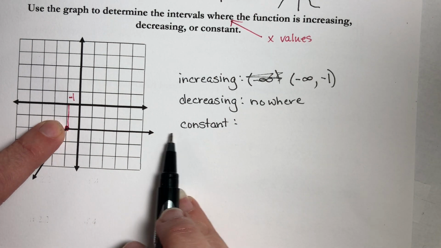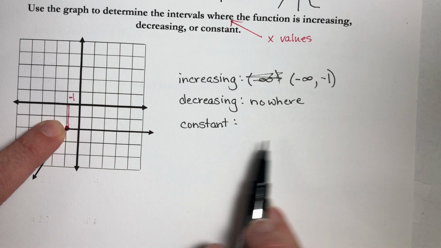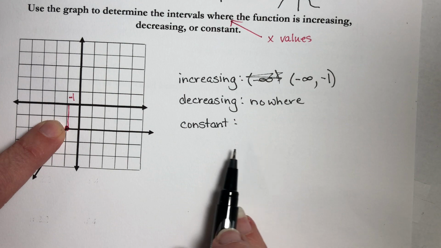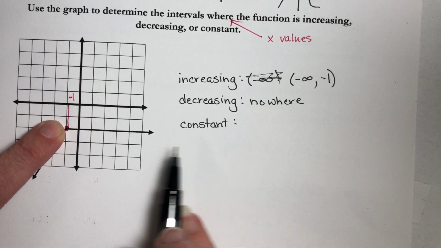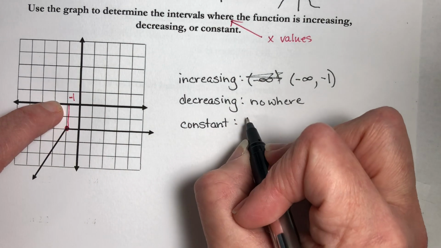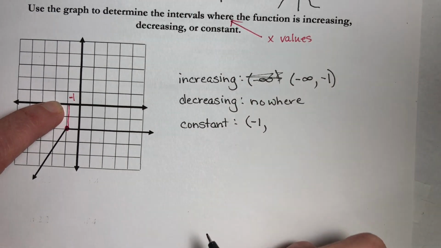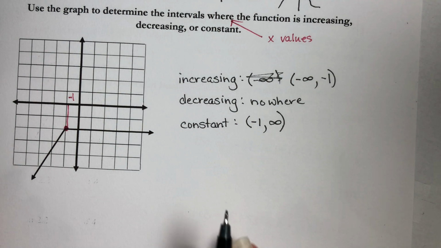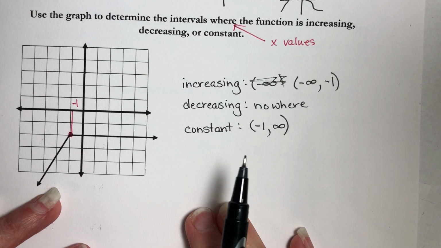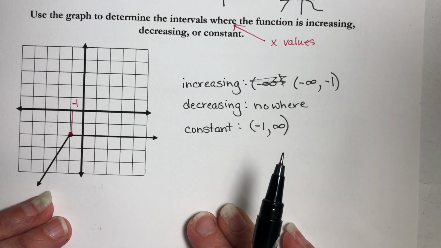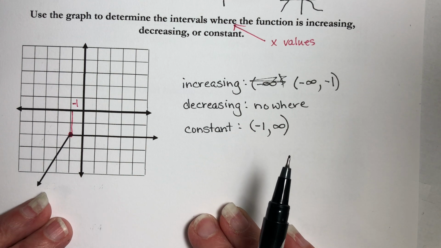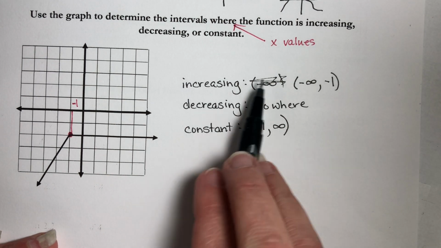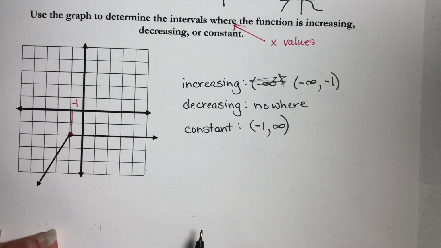So this is constant here, and it goes off to infinity. So remember, we're talking about x values. Where is it constant on the x? Well, it's constant from -1, remember to use parentheses, to infinity. This type of problem, if I could give you this problem and just have you show me on the graph where it is, then this would be very easy. The hard part is remembering how to write it down.